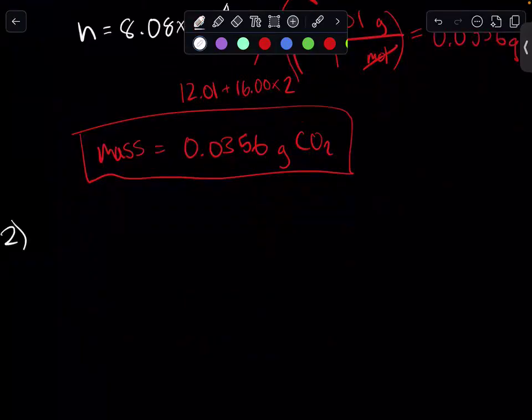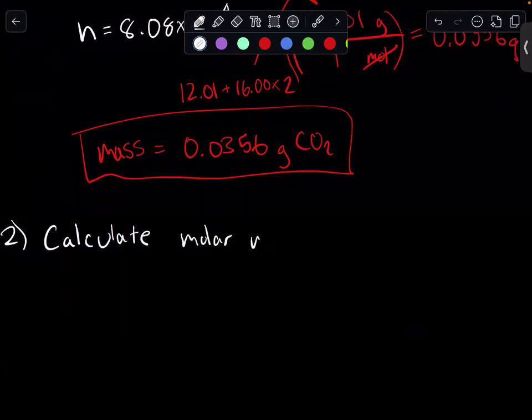And once again, we'll have to make sure our units are consistent throughout. So this will be a little different. Calculate molar mass.